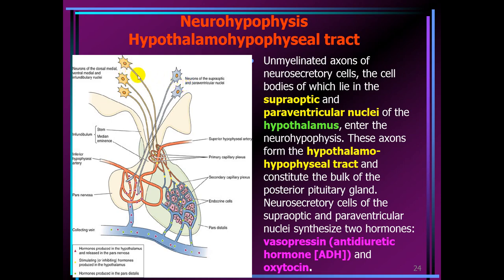And the axon of this neurosecretory neuron passes to the neurohypophysis, you see, and finishes with a dilation.